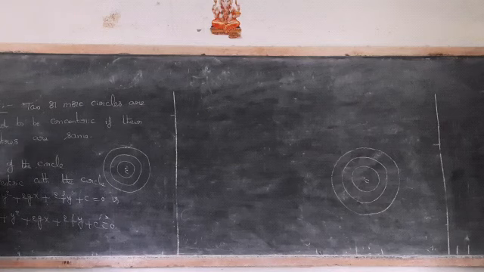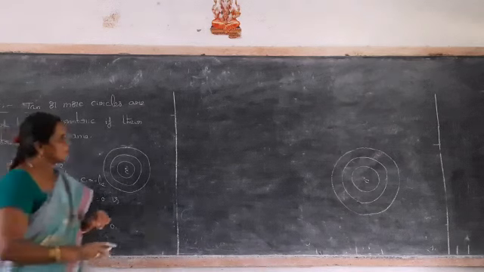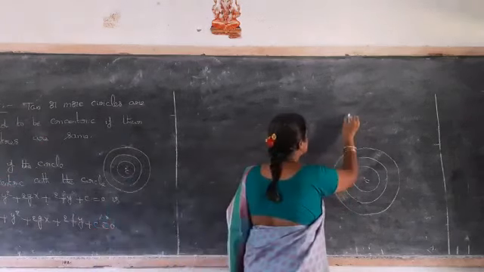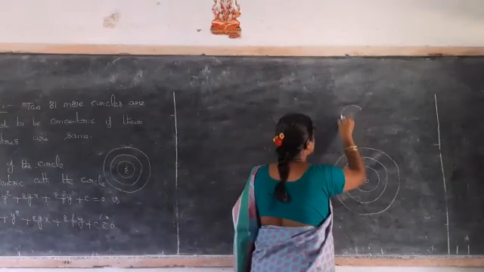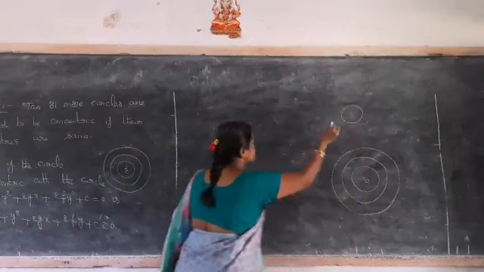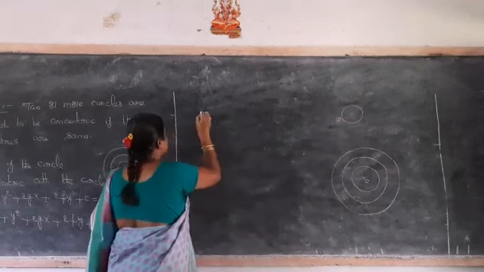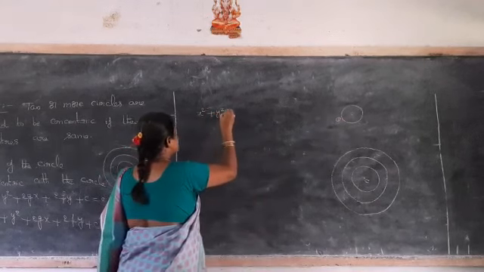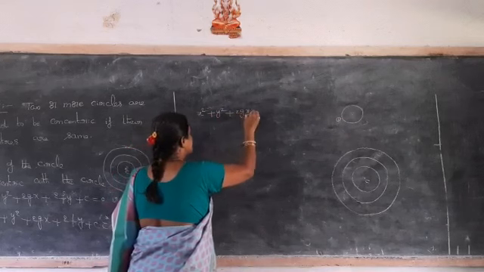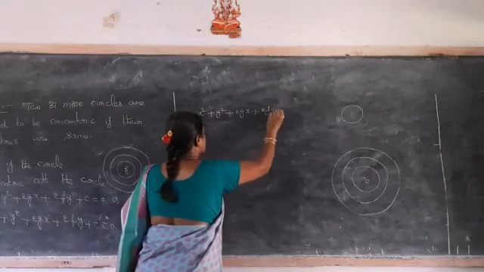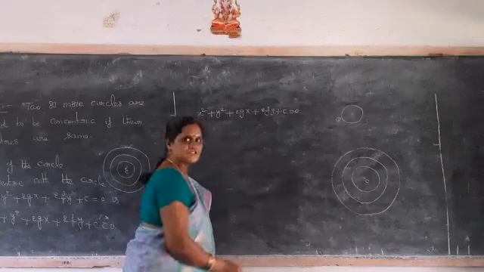Okay, here we got one formula. So suppose that I consider one circle. This circle is equation 1: x square plus y square plus 2gx plus 2fy plus c is equal to 0.